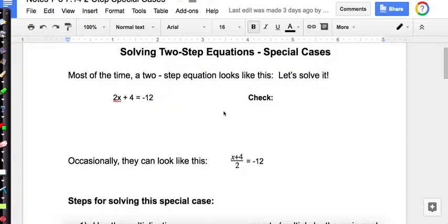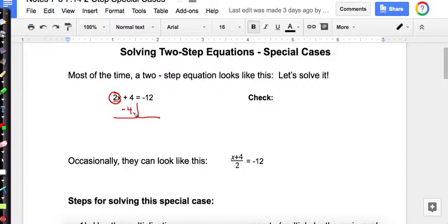So let's solve it. We have 2x plus 4 equals negative 12. So remember, we circle our number and variable, and we draw our t. What's the opposite of adding 4?